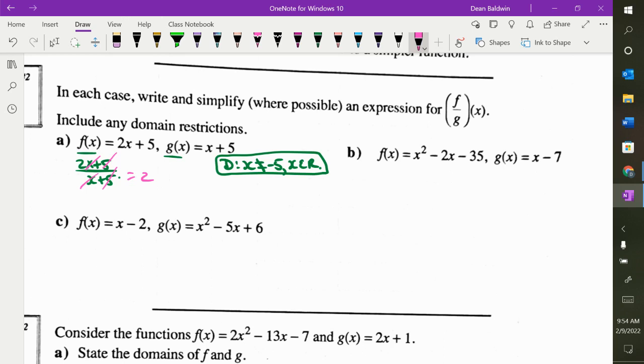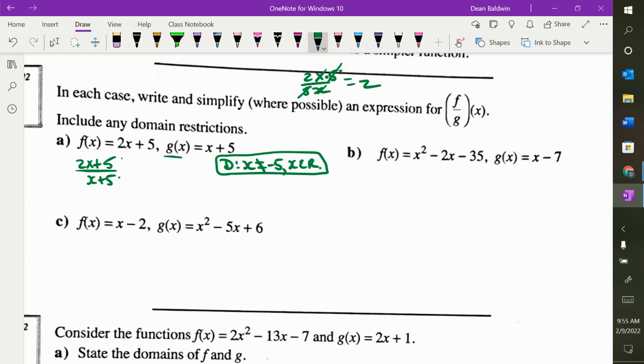If it was this, so let me erase all that because that's wrong. If it looked like this, 2x over x, and there's a 5 there, if they were all being multiplied, then you can cancel all that stuff.